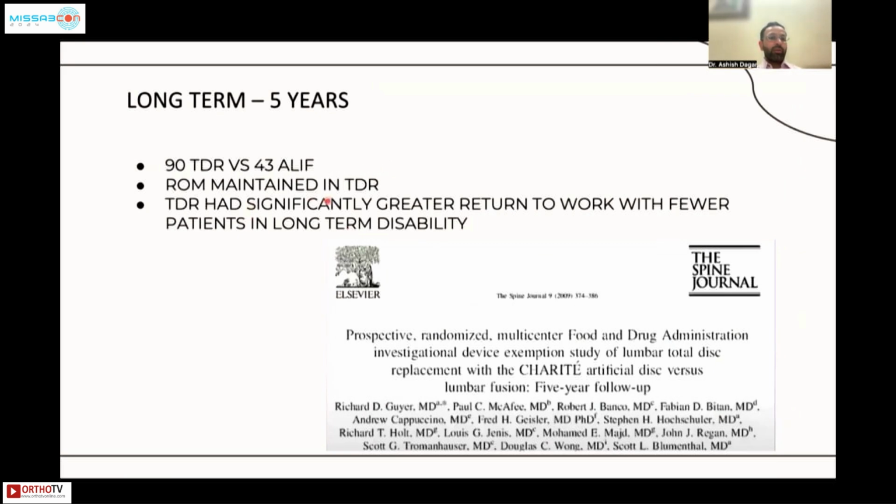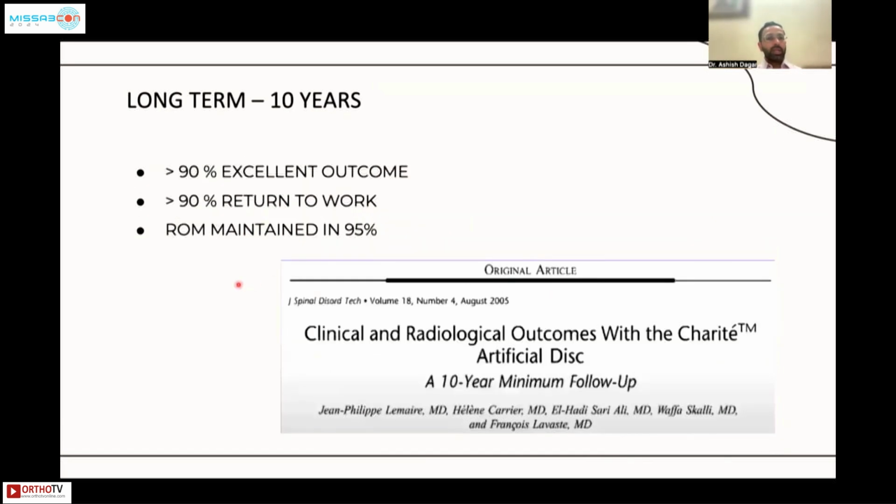The range of movement was maintained in total disc replacement cases, and TDR had significantly greater return to work with fewer patients in long-term disability. Coming to the 10-year follow-up, the TDR group showed more than 90% excellent outcome, more than 90% return to work, and range of movement was maintained in more than 95% of cases.